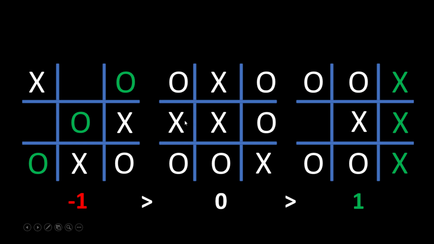But it will always try to go for a win because it has the biggest numerical value, which is what it's trying to do, getting the highest score.